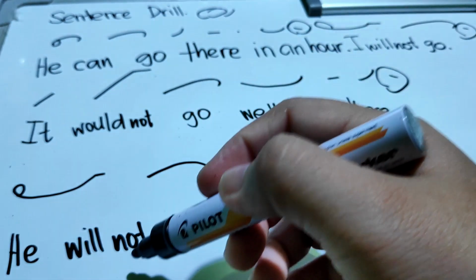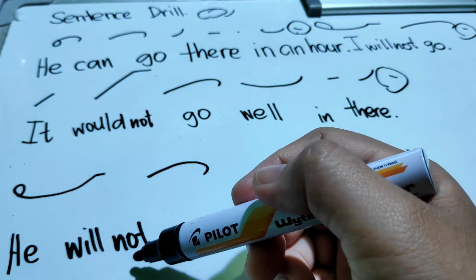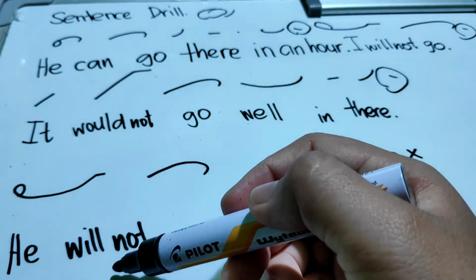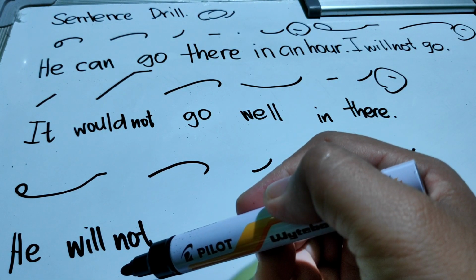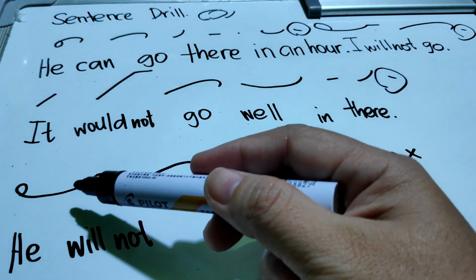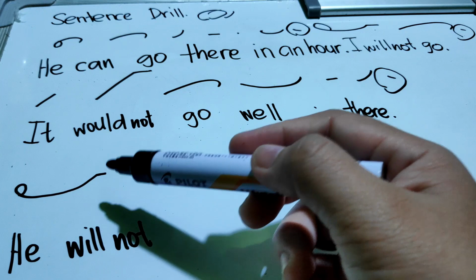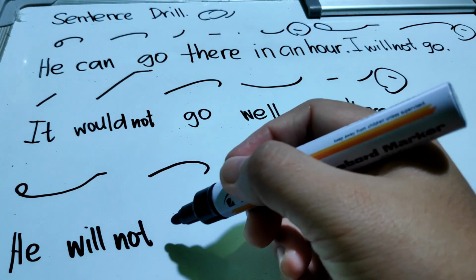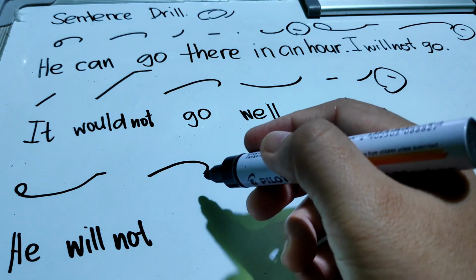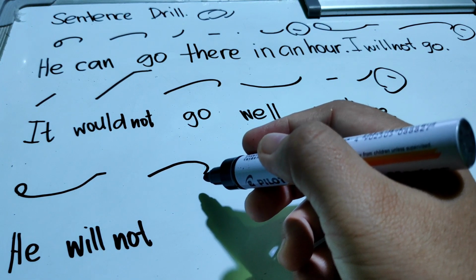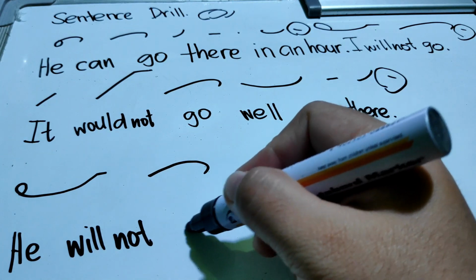O, diba? So, kung isa ka stenographer in a court stenographer and then longhand imong gamiton, time consuming kaayo siya. But when you use the stenography, dili siya time consuming kay continuous man ang stroke sa stenography or the shorthand. Next is the letter G, which is transcribed as go and good. So, he will not go.